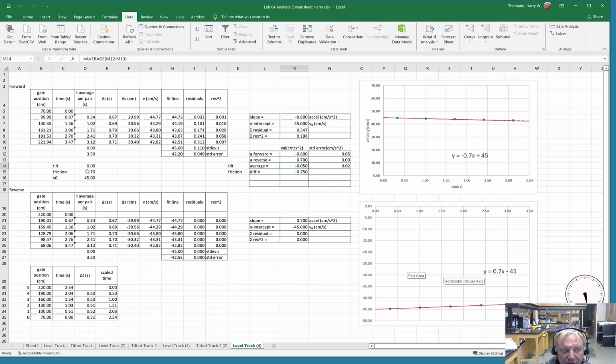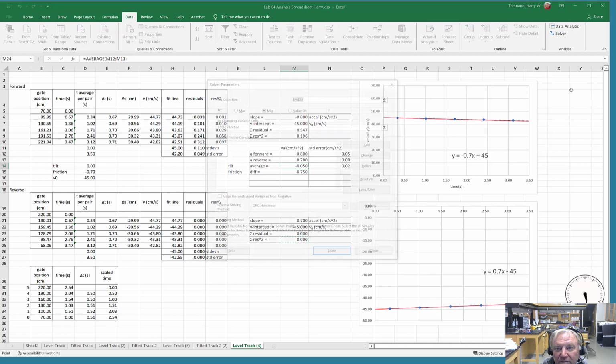Even though the friction is negative, the slope value has to do with the direction of the velocity vector and the direction of the acceleration vector. And since I notice this thing is slowing down, that means that it's a positive slope because the velocity vector is in the negative direction.